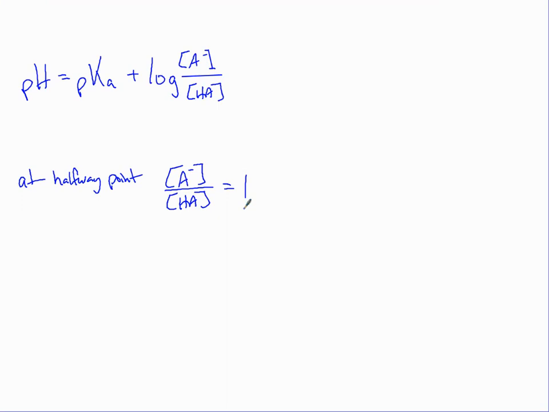And in case any of you have forgot or never knew this, the log of 1 is 0. So at the halfway point, this whole part disappears and you end up with this in the equation. So that's the relationship we already know.